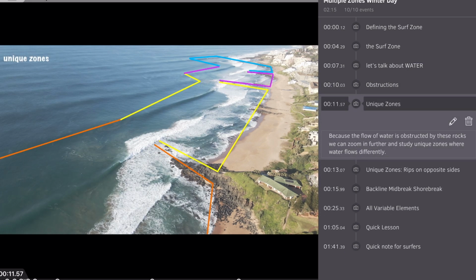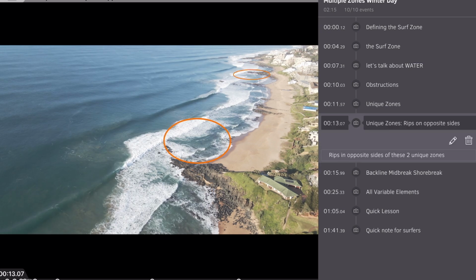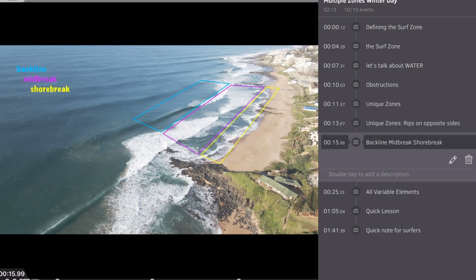These obstructions also allow us to identify unique zones and zoom into the surf zone and study how water is flowing differently within these unique zones that are right next to each other. And that was the example I gave. And lastly, it's important to be aware of these three sectors: shore break, mid break, and backline. And that's simply covering the surf zone, guys.